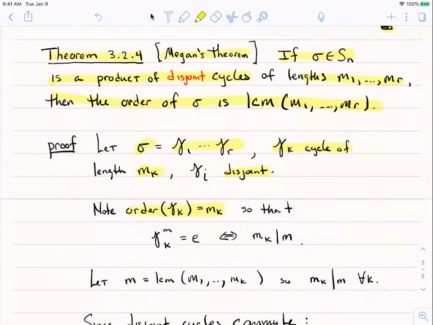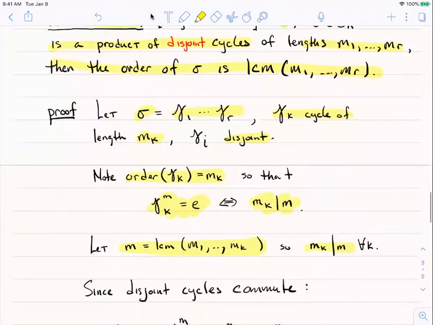So if you raise gamma sub k to the m, you get the identity if and only if that order divides m. That's just a basic group theory fact: a power of an element is the identity if and only if the order of that element divides the power. So then let m be the least common multiple of all those mk. In particular, mk divides m for every k.